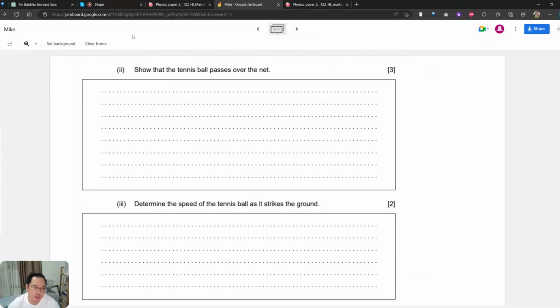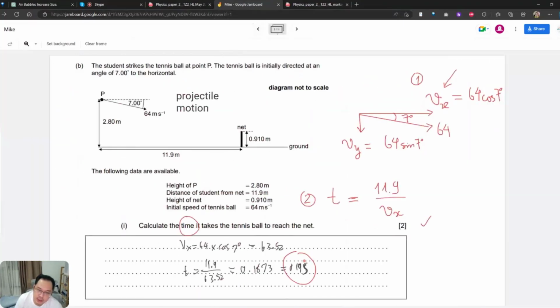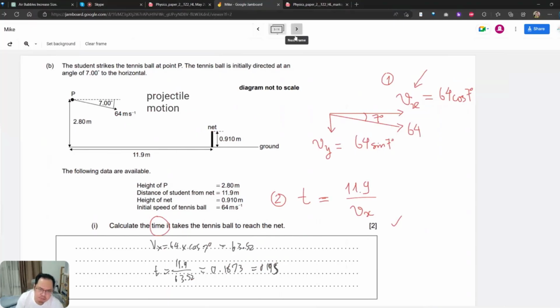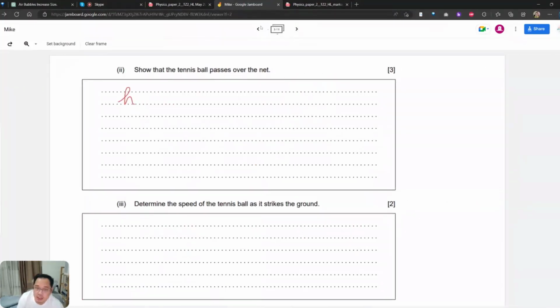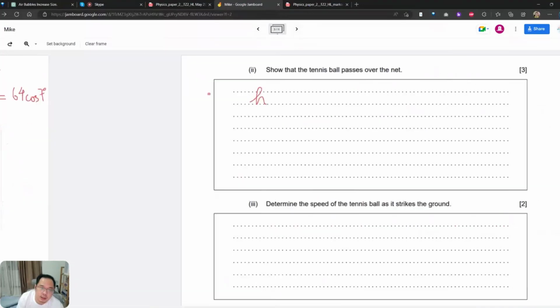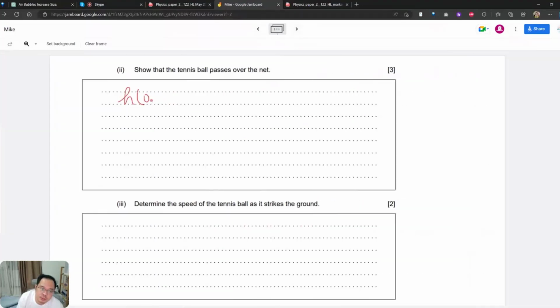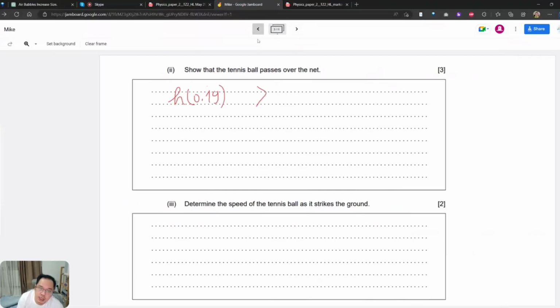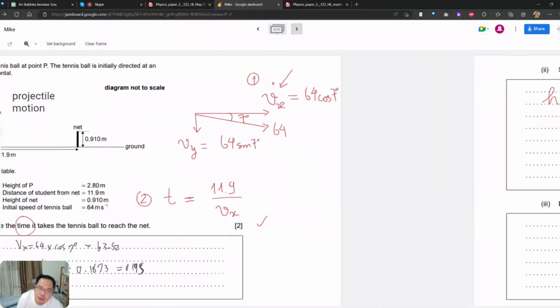To prove that, we need to prove that the height of the tennis ball at the time 0.19 second must be greater than the height of the net, which is 0.91.